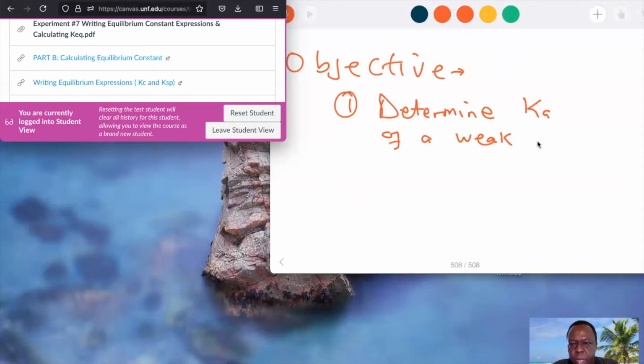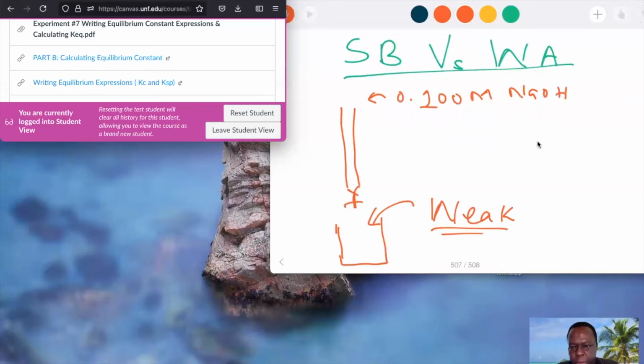And we are not given the concentration of the weak acid.